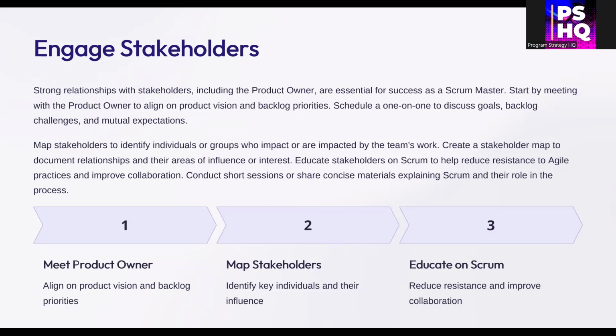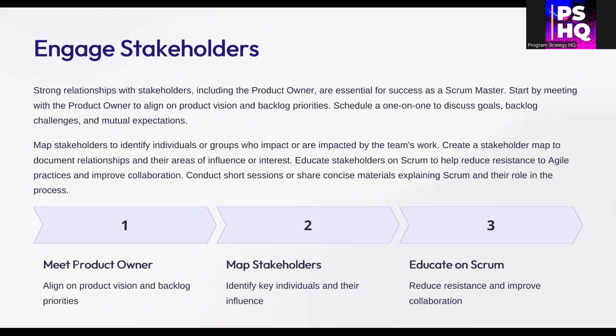Align on goals and priorities. Then create a stakeholder map to figure out who's who and how they influence your team. Finally, become a Scrum ambassador. Educate stakeholders on how Scrum works and their role in its success. Trust me, a little clarity goes a long way in reducing resistance and boosting collaboration.